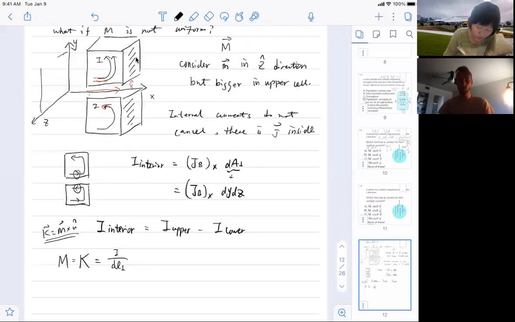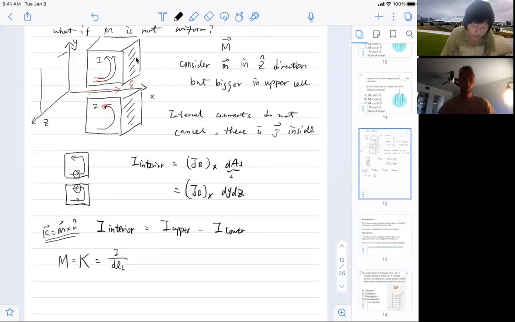So I can rewrite my upper and lower current, representing everything using magnetization M times dL. Let's look at our current. We're looking at the perpendicular length the current is flowing through. So I'm going to draw a little bit showing where my current is.